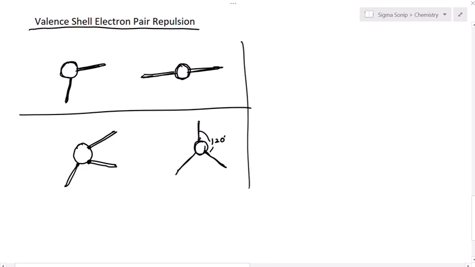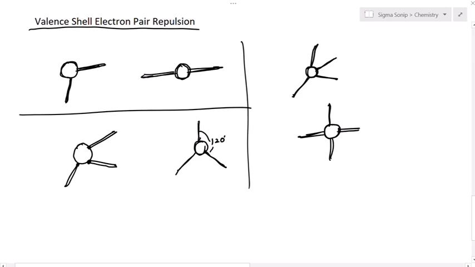Okay, let's look at the third case here. Suppose I got 4 sticks here, 1, 2, 3, and 4. These 4 sticks repel each other, so they would reorient themselves, and many of you would be of the opinion that these 4 sticks would end up like this in a plane.